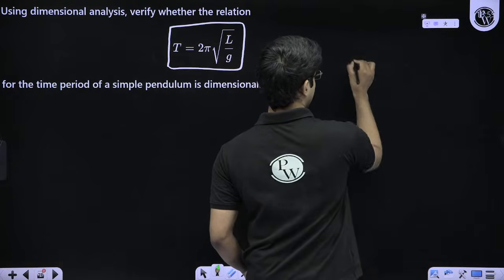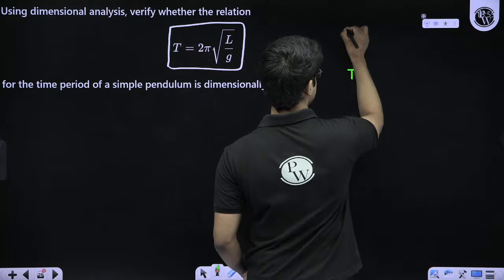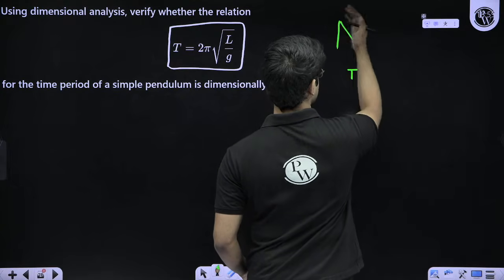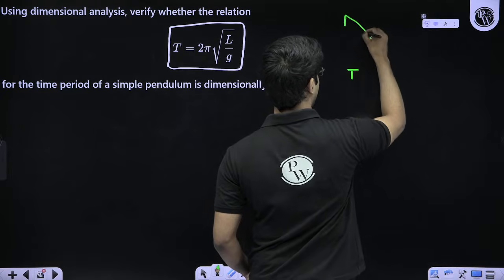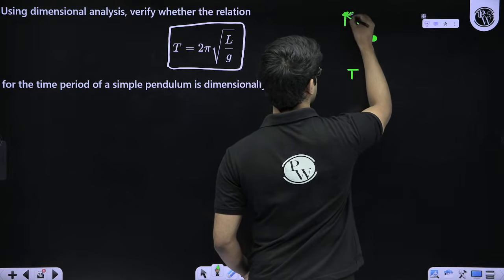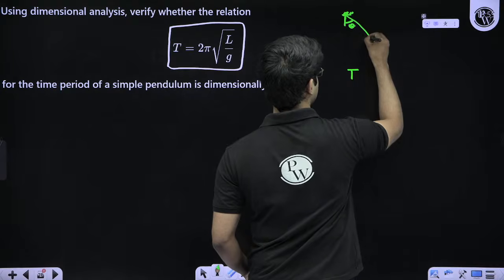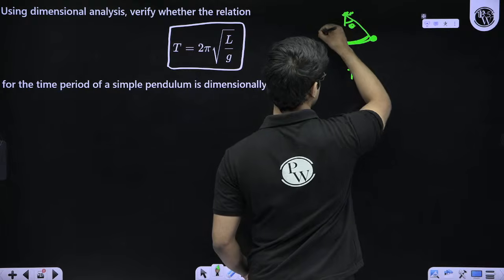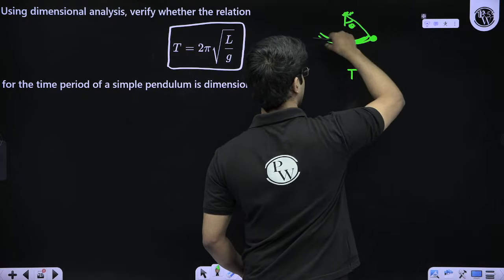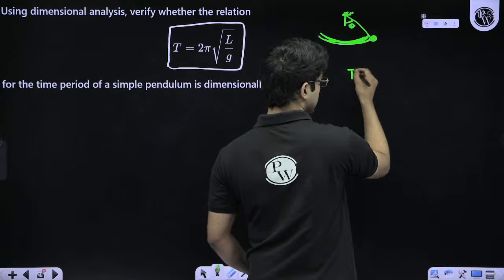A simple pendulum is basically a ball hanging by a thread, and we leave it from some angle theta, so it will oscillate back and forth, right? The time it takes for one oscillation is what we call the time period.